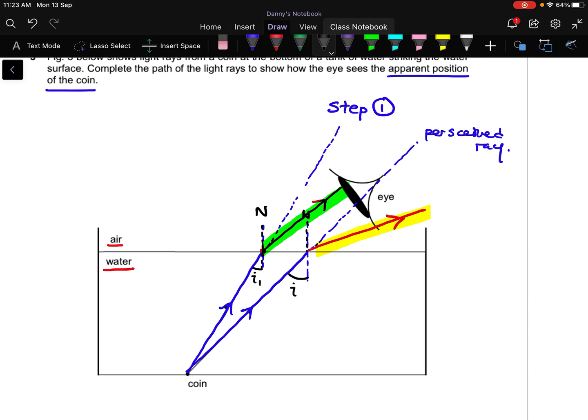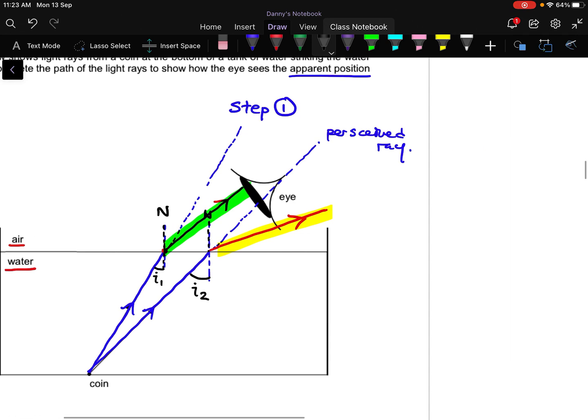If this is I1 and this is I2, you will be able to tell that I1 is less than I2, and hence your R1 is also less than your R2, which is here.